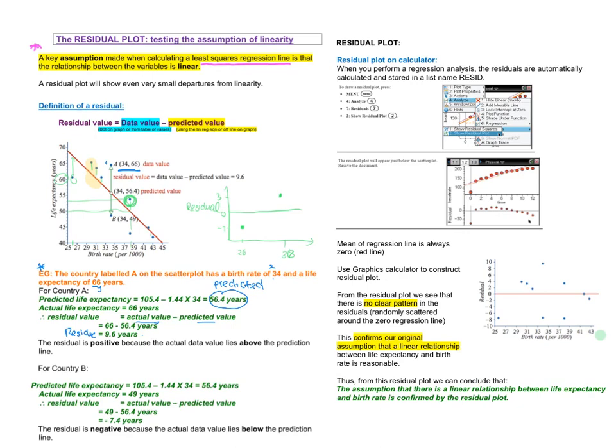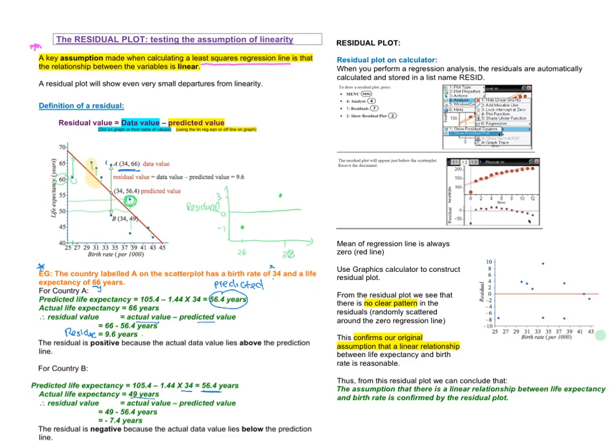Then they wanted us to do country B. So country B here was at 30, its X was at 34. If you type that into the formula, it still predicts the same, because it's the same birth rate. You can see there's two countries, both at a birth rate of 34. But this one, its actual life expectancy was 49.